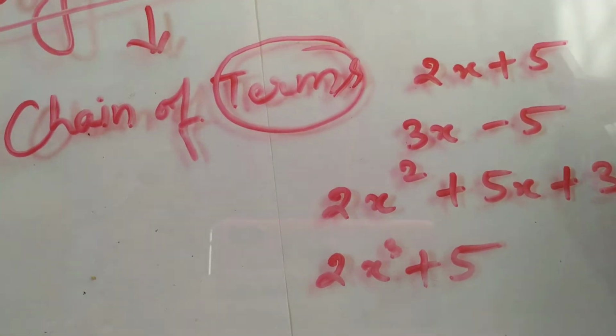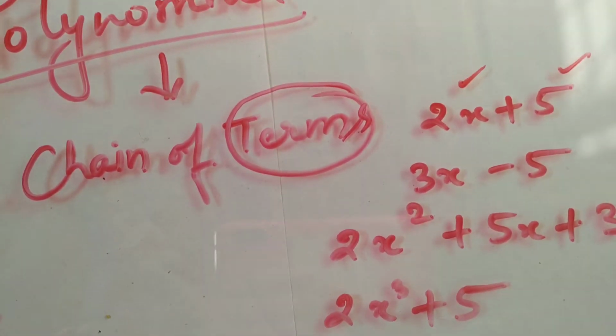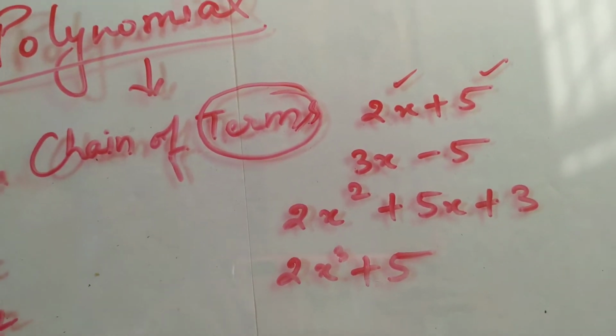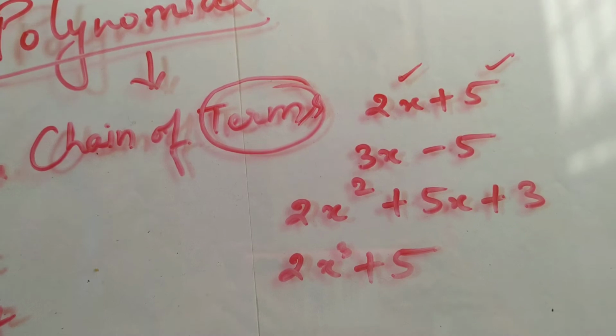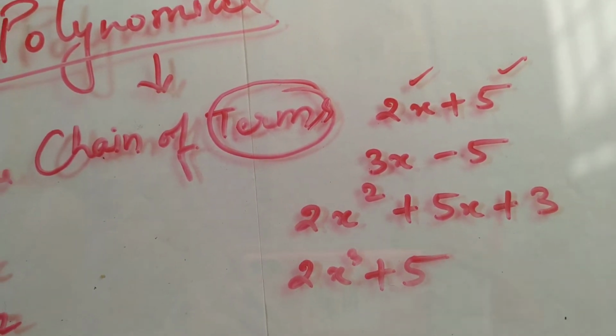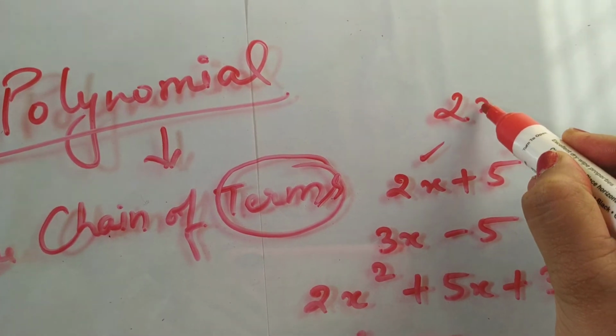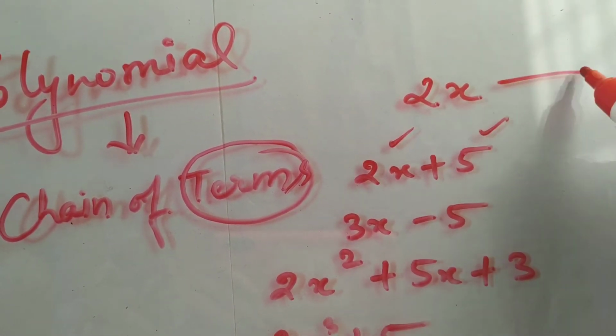So how many terms are here? Our plus and minus signs, addition and subtraction, decide how many terms are in a polynomial. If we write only 2x, only one term is here.